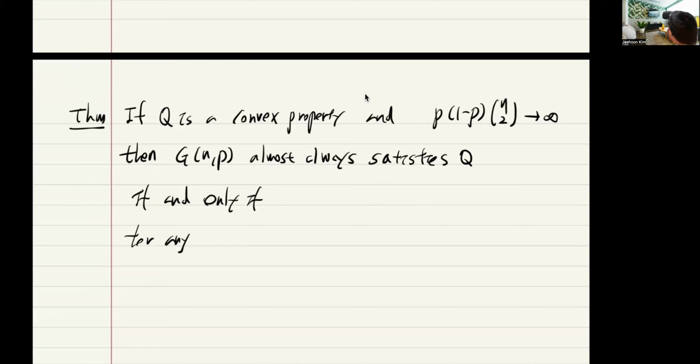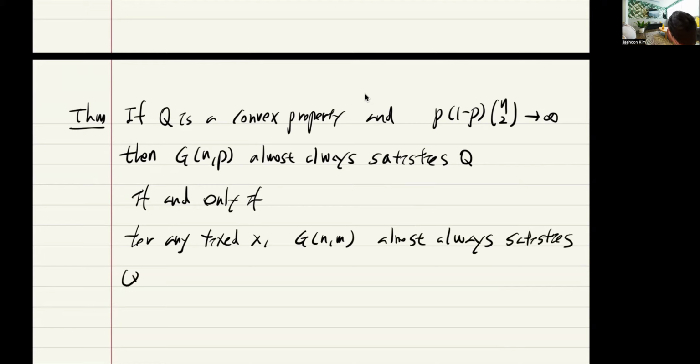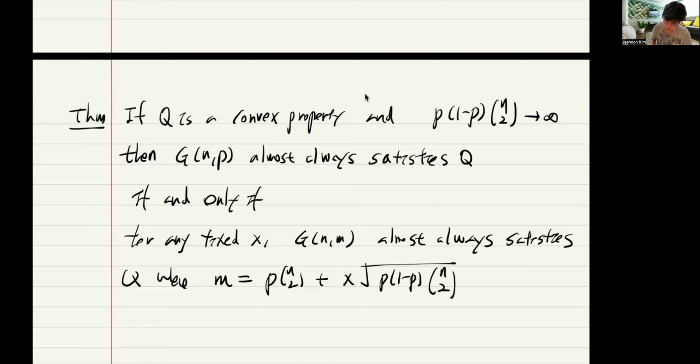the following holds for any fixed x: G(n,M) almost always satisfies Q, where M is p times n choose 2 plus x times the square root of p(1-p) times n choose 2.